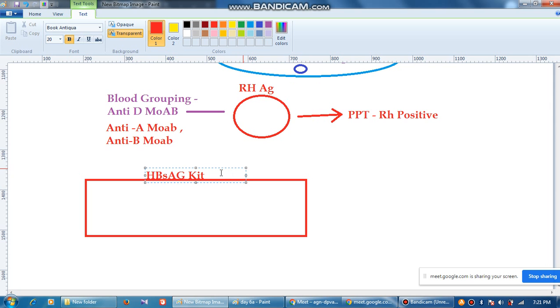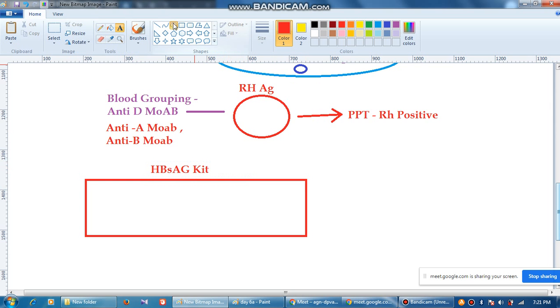Now in this kit, what is there? There is a particular sample well where you will add serum, and there is a window. In this window there is a positive control and there is a negative control.